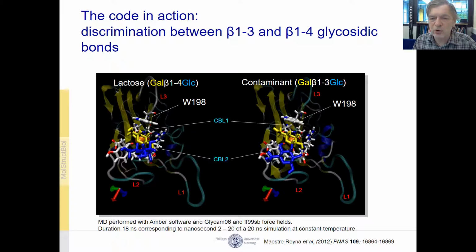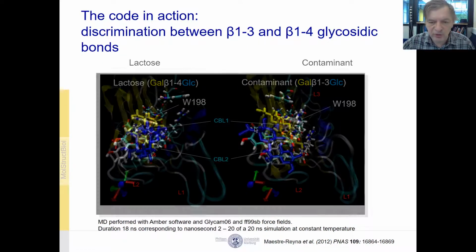Because at 0.5 molar concentration, 2% contamination means that it is in the millimolar range. And actually, you do find that there are contaminants, lactosamines and that kind of thing, present, which also comprise this substructure, gal beta-1,3 glucose. So actually, we crystallized something that was a contaminant, but not the major component with the beta-1,4 link. So the question is, why did this one crystallize and this one did not? Stupid question, but a very interesting one.